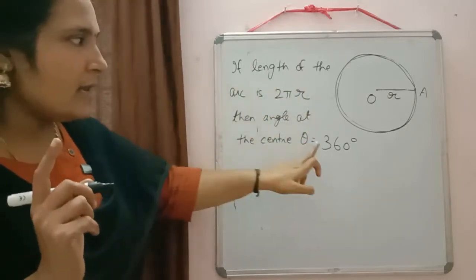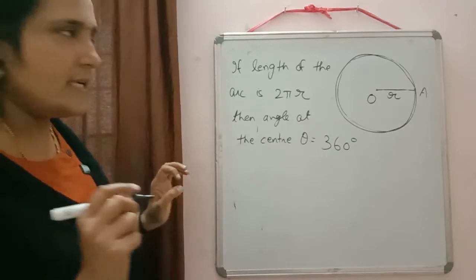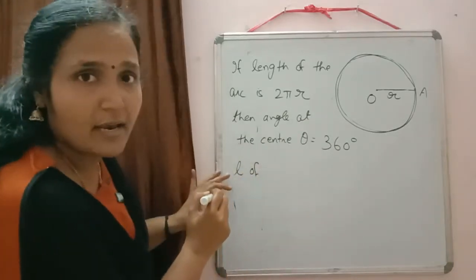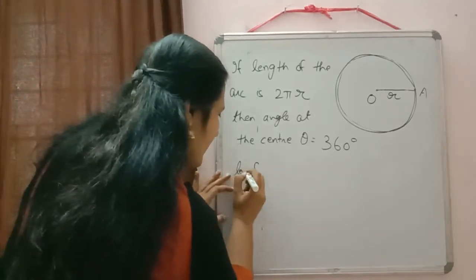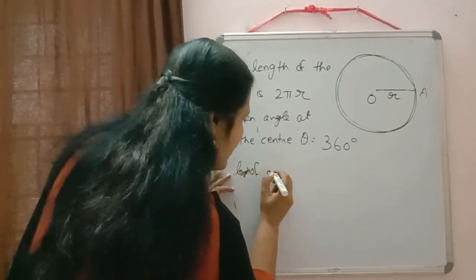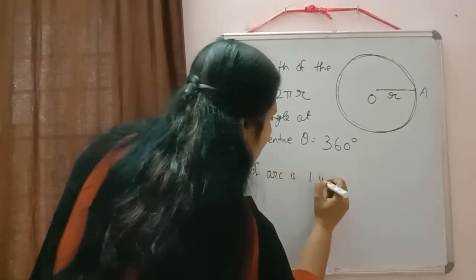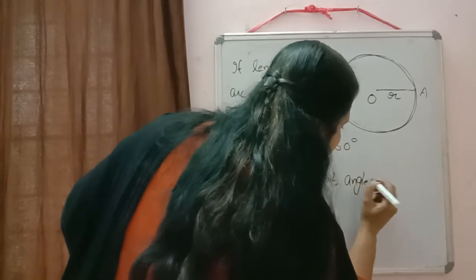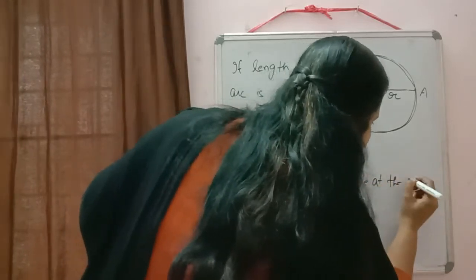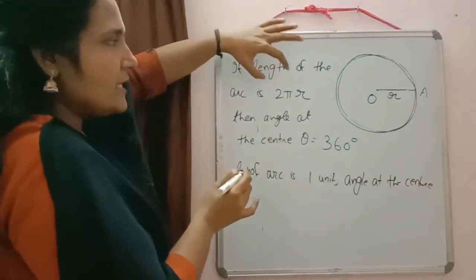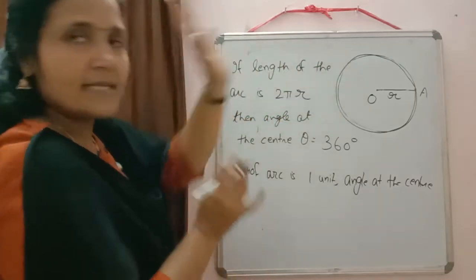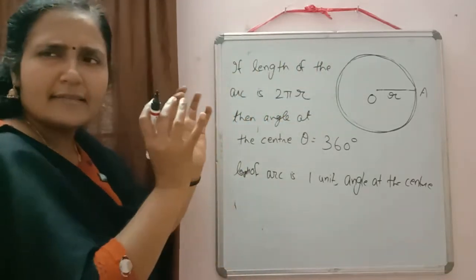Correct? Then angle at the center is 360 degree. Now I am taking, if length of the arc, L I am writing for length. If you want you can write full. If length of the arc is 1 unit, then what will be the angle at the center? We have taken, if the length of the arc is 2 pi r, then angle at the center is 360 degree. Just relate this one with the daily life.